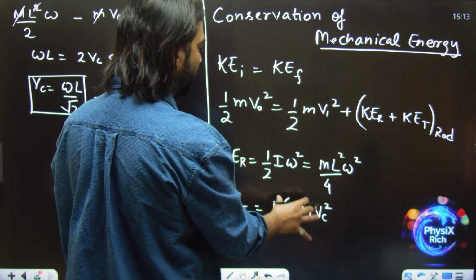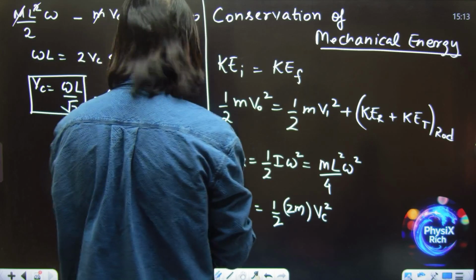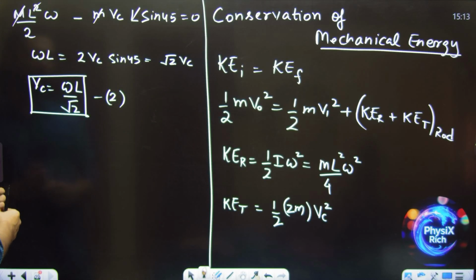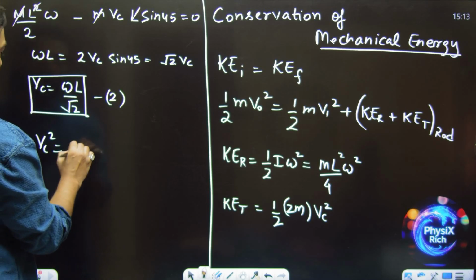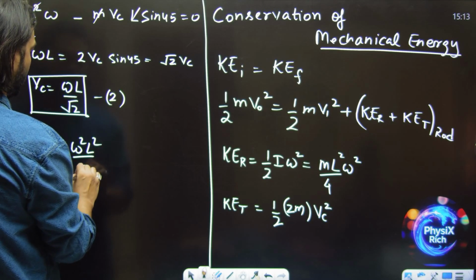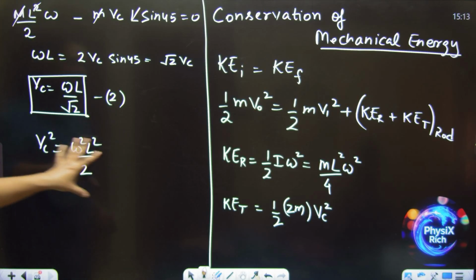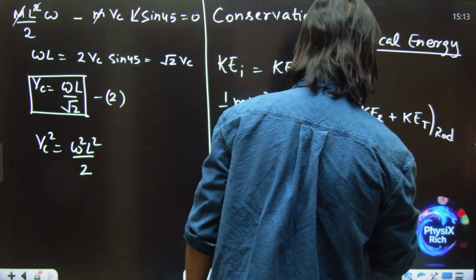Now our job is to put it over here. But you see, guys, that I have already found a very nice relation over here: VC equals omega L upon root 2. So from here, can I say that VC square will be equal to omega square L square upon 2? Of course, I can say that. So I can actually take this and put it over here, and it will actually solve my life and make it a lot better.